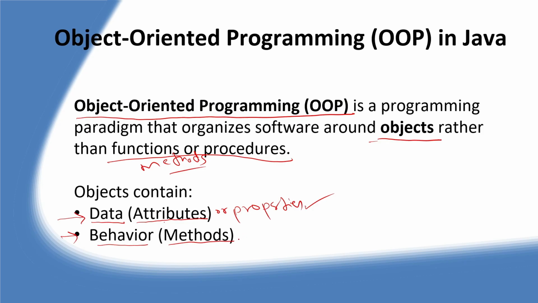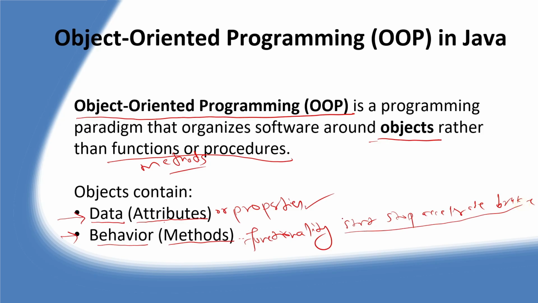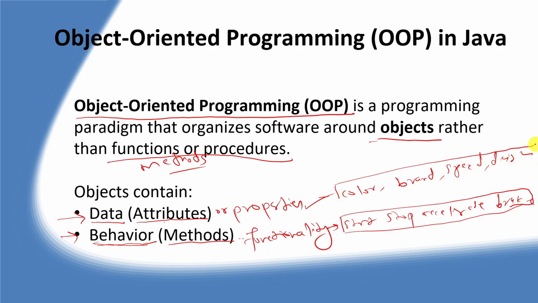So these are the functionality of the car, and we call it behavior. And properties like color, brand, speed, design. So these are the properties this car is having.